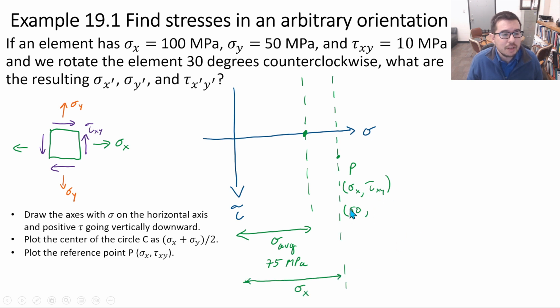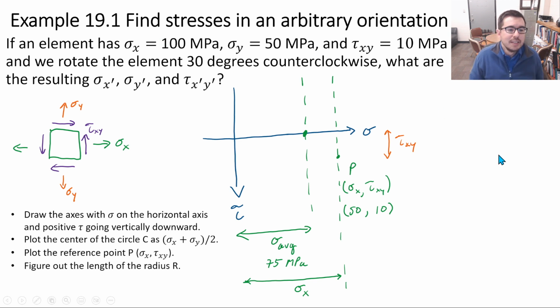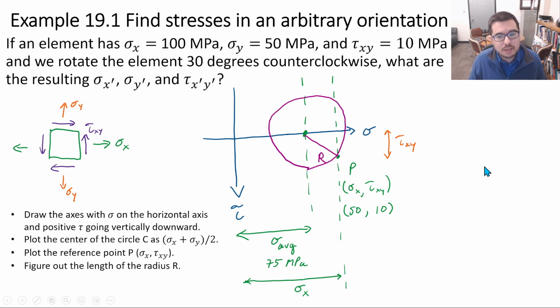And right now we have 50, 10. So 10 is the orange direction, and 50 is the green one, and it's off from this average stress as well. It's to the right of it, which makes sense because it's larger than sigma y, right? And then we can figure out the length of this radius that we have here.